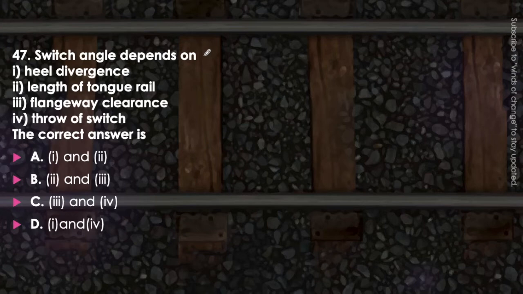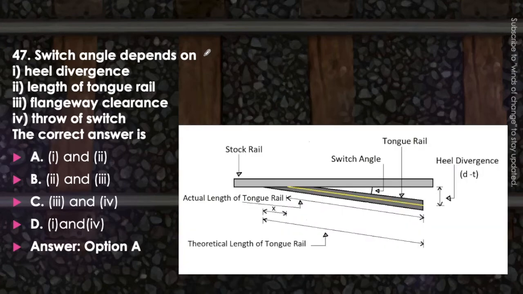The switch angle will depend upon option A, that is first and second, because switch angle, that is tan theta, will be given by heel divergence divided by length of tongue rail. Through that we can determine the value of switch angle. So first and second will be the correct answer, that is option A.